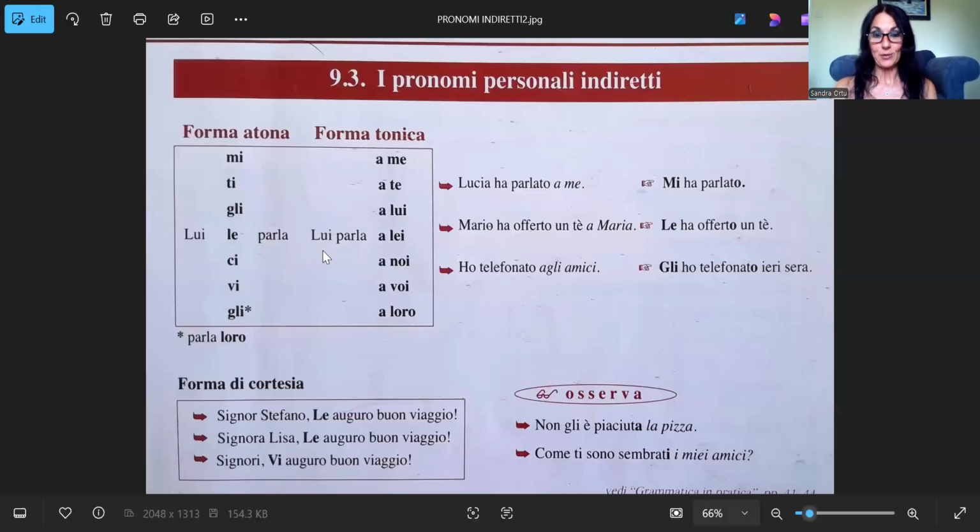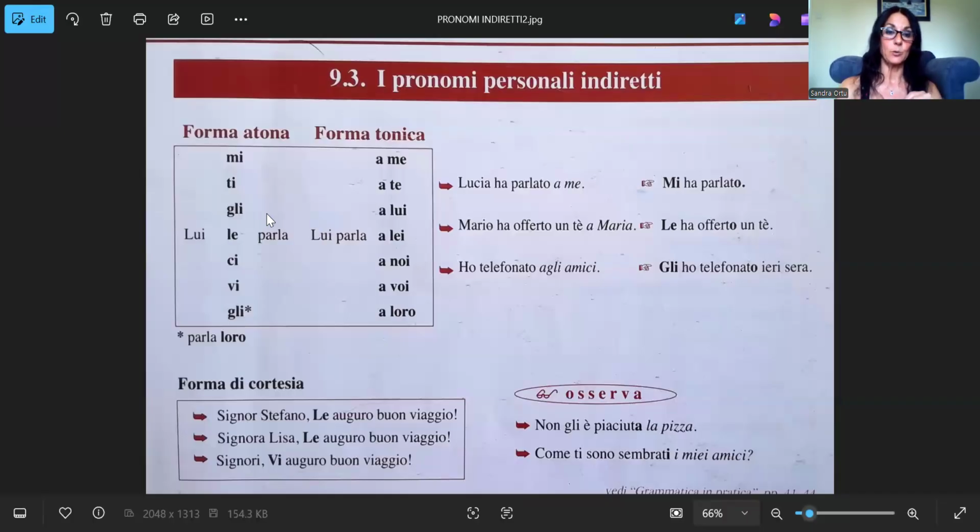That's why I've concentrated a little bit and started with the strong form. He talks to me, to you, to him, etc. Exactly like in English, the strong form has the same word order. However, when we're using the weak form, remember it's the form that we use the most, the word order changes.